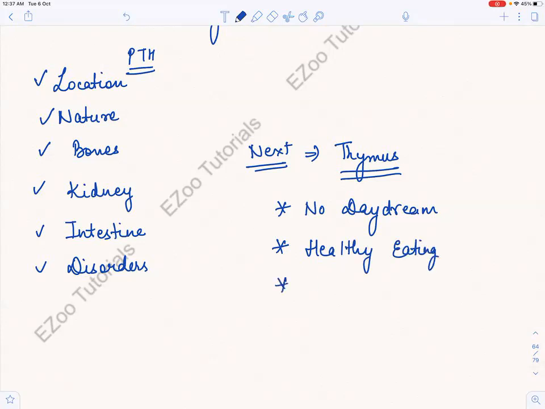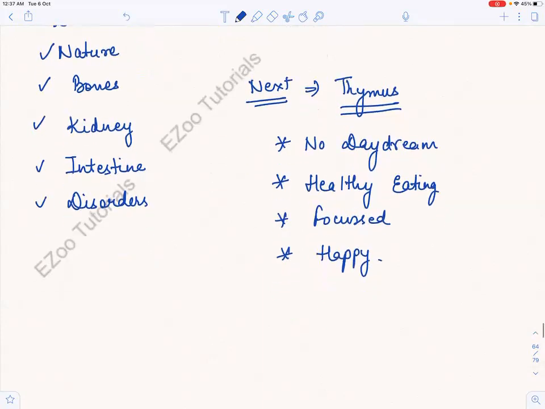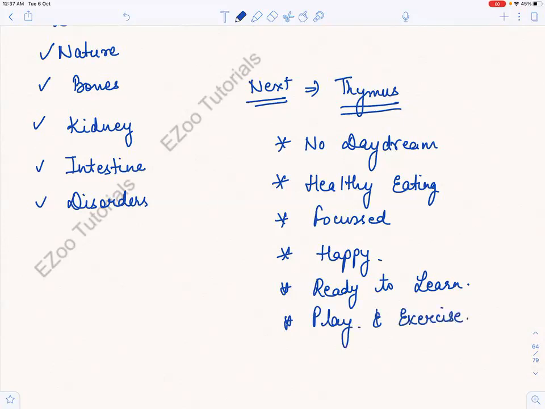You should be focused and happy. The most important thing is you should be happy and ready to learn, right? So just stay focused, eat healthy, don't daydream, play and exercise. It's very important, right?